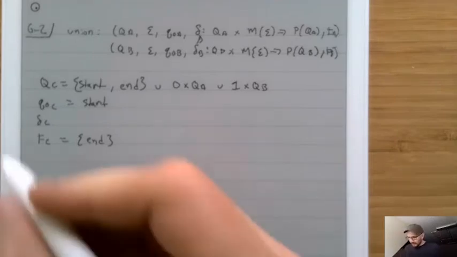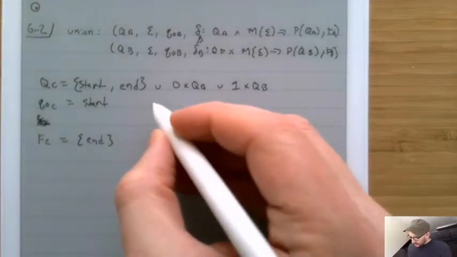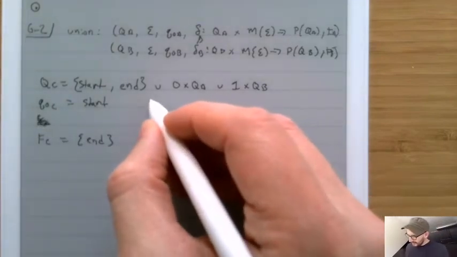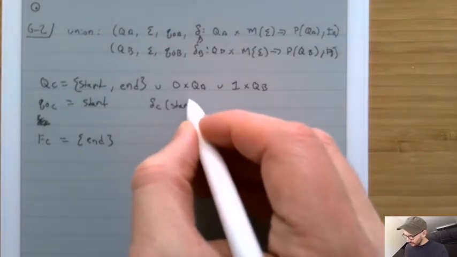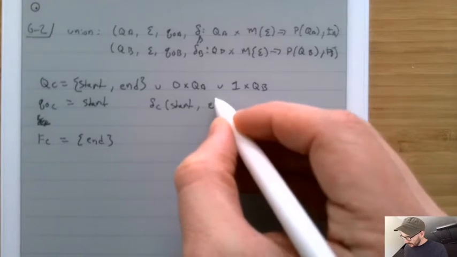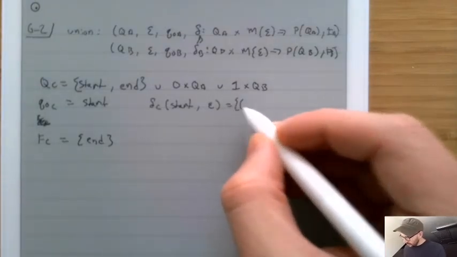Okay, now we have to define the delta function. So this is a little bit more complicated. So the first thing to look at is delta C of start. So if we look at its epsilon transition, well then it's easy because it goes to just two things.